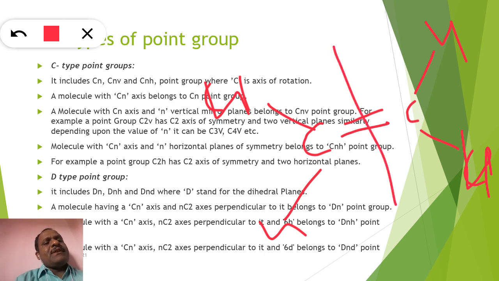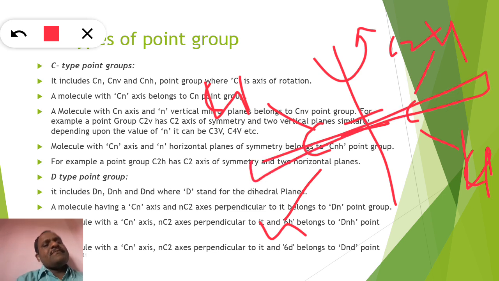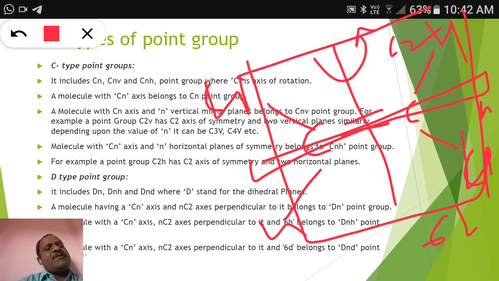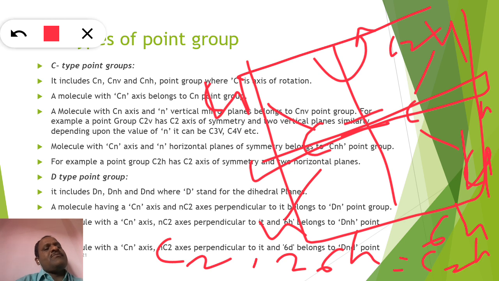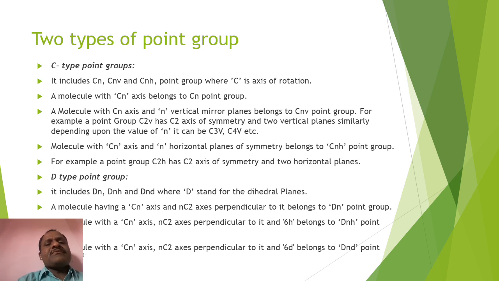Let's say this is the C2 axis. One plane which is perpendicular to the C2 axis is this one. This is the sigma h plane, which exactly bisects the molecule into 2 equal halves. Another plane is the molecular plane like this. This is also a sigma h. If any molecule possesses a C2 axis and 2 sigma h planes, then that molecule has the C2h point group.